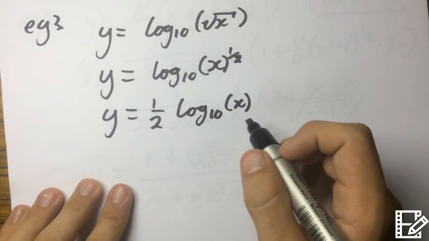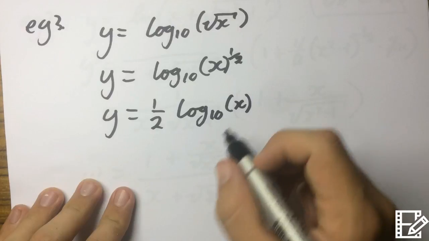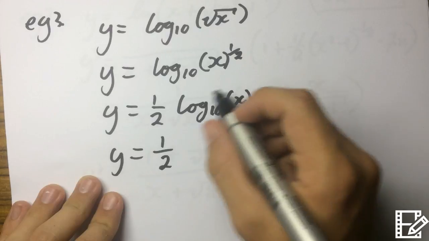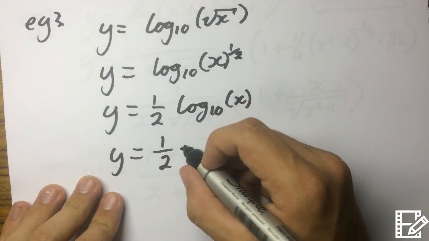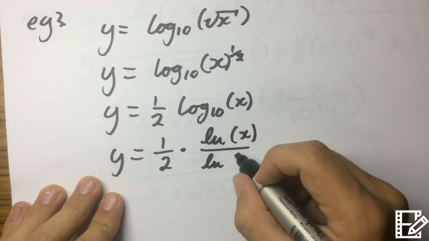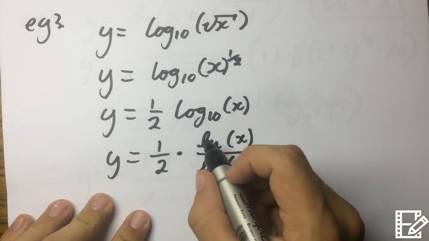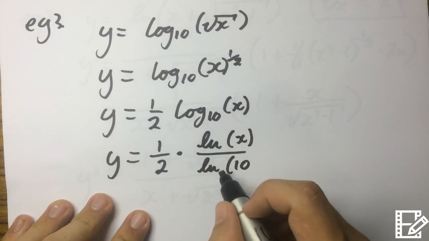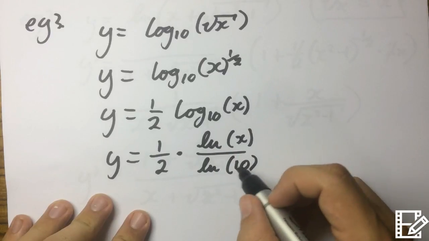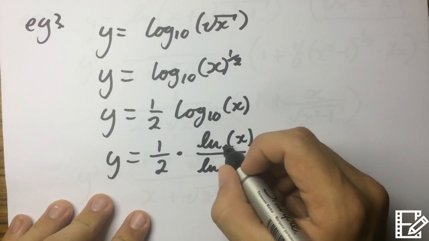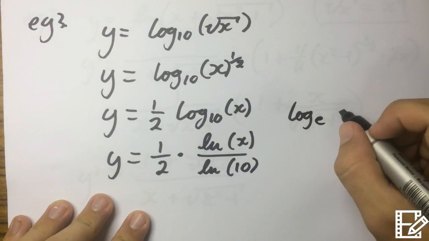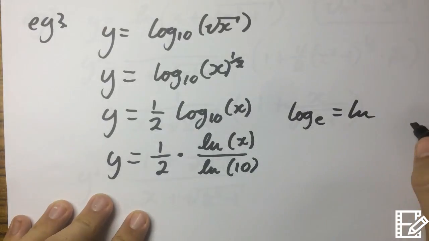Now what I'm going to use is the change of base rule, which means I'm going to change this bit. So I'm going to use ln of x over ln of 10. What I've done here is you have a log on the top and a log on the bottom. You have your variable on the top part and you have your base on the bottom part. Essentially, you get to choose your base. I've written natural log, so I've chosen log to the base of e, which equals the natural log.